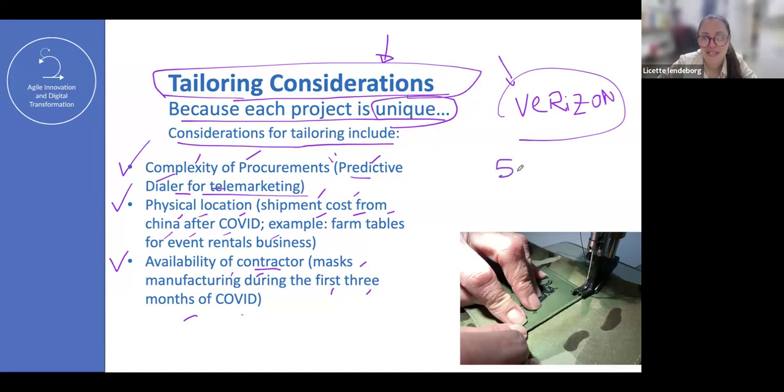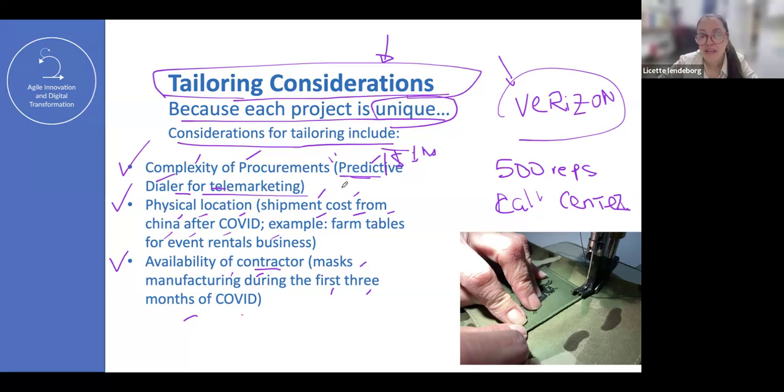We had 500 representatives, and we were creating a call center in that company. The cost of this equipment, the predictive dialer, was more than $1 million.